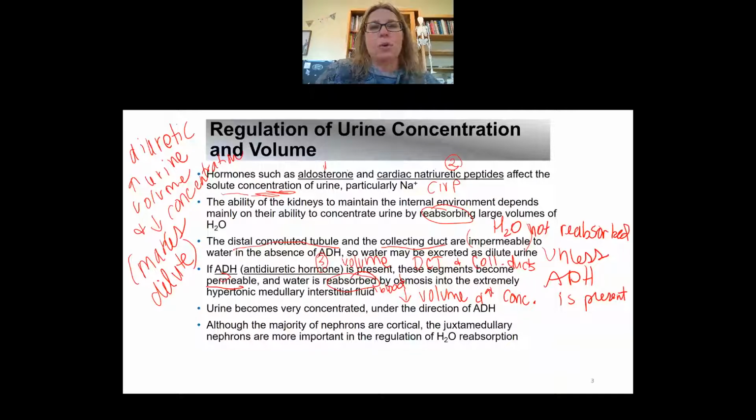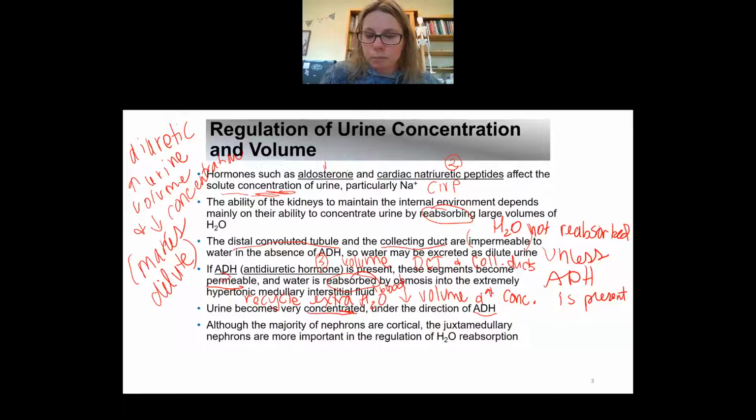That hormone triggers the body to recycle water by pulling extra water out of the urine at the end of the system, in the collecting ducts and the distal convoluted tubule. So ADH makes urine more concentrated and recycles extra water. That conserves the water in the body.